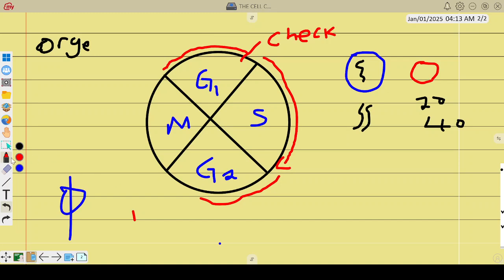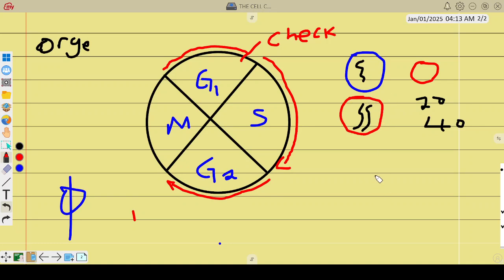At this point, the cell has replicated. What is remaining is for the cell to become even bigger, so that it's ready for mitosis. So at the G2 checkpoint, we want the cell to be bigger.